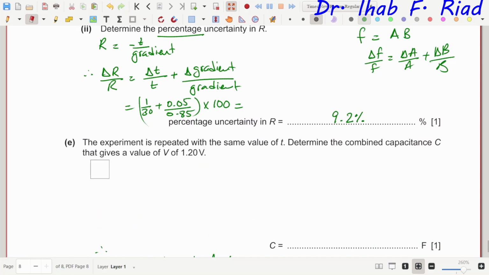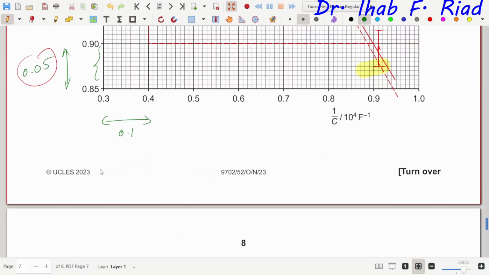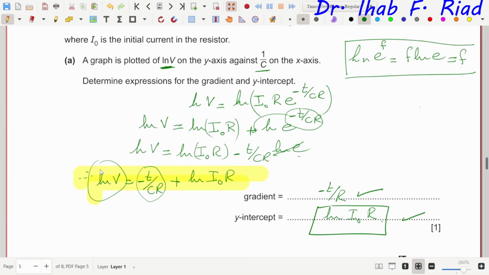Now, the last question. The experiment is repeated with the same value of t, meaning that t is equal to 30 seconds. Determine the combined capacitance C that gives a value of V of 1.2 volts. Let us remember this equation.